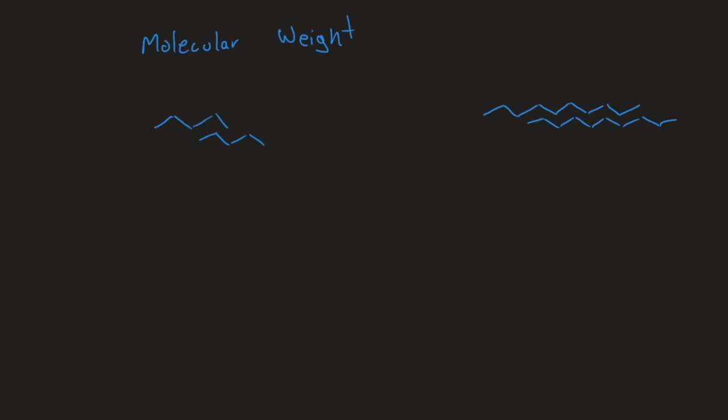The boiling point of pentane is about 35 degrees Celsius. The boiling point of decane is about 175 degrees Celsius. And so, 140 degrees difference. And the reason for such difference is the intermolecular forces in decane are much stronger. And they are much stronger because they have a higher surface area.